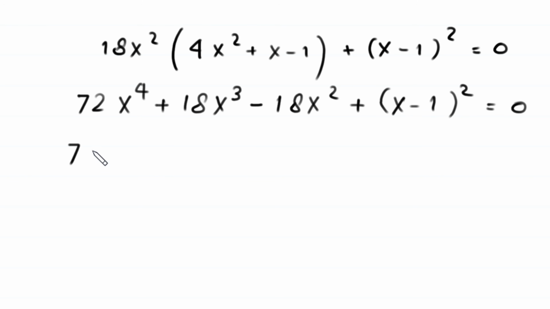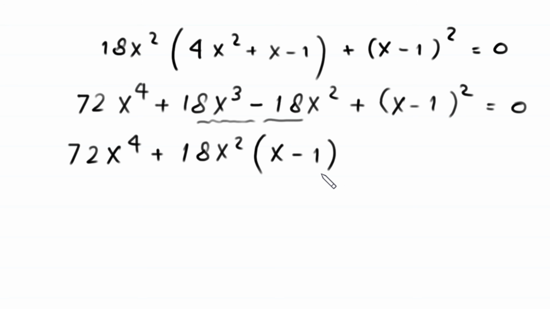Next, 72 times x to the power 4 plus, from these two terms we can factor out 18x squared as common factor, in bracket x minus 1, plus x minus 1 whole squared equal to 0.